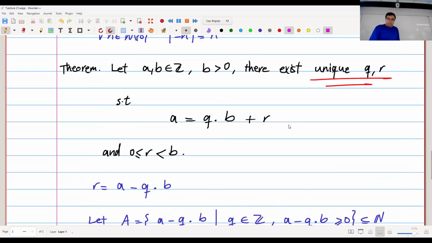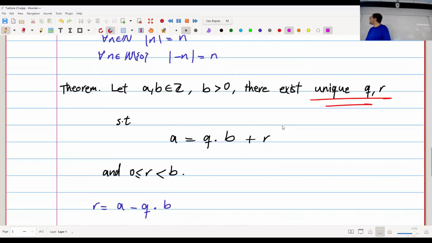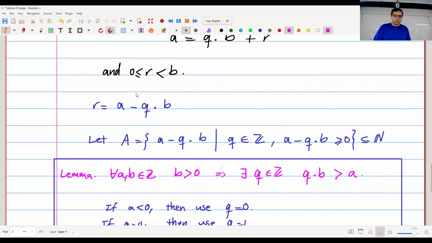Great. So up until this point, we've proven that there is a solution. That if I give you A and B, you can write A as QB plus R, where R is between 0 and B, less than B. But now we want to prove uniqueness. Why are these unique? Why can't I have two solutions?